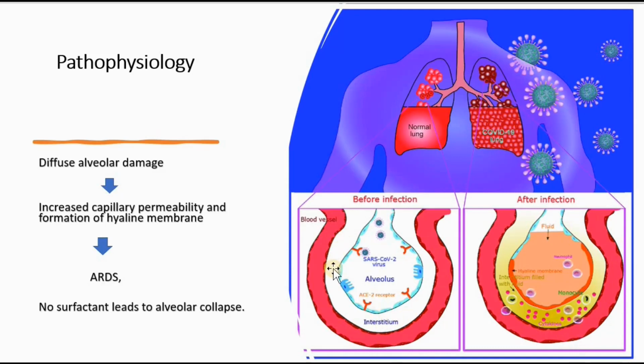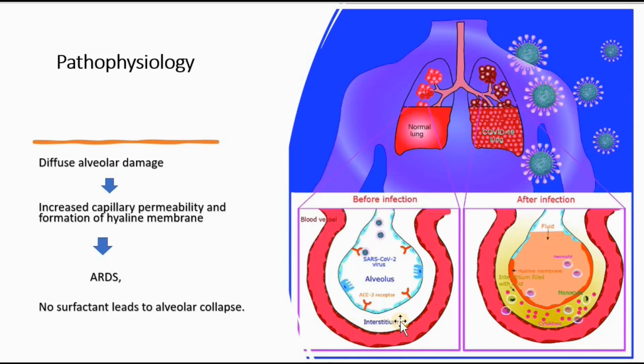The interstitium is a tiny space between the alveoli and the capillaries, and oxygen in the alveoli diffuses through the tiny interstitium into the blood vessels. Now, because of the leaky capillaries, the interstitium is filled with plasma fluid with proteins, and the fluid leaks into the alveoli. So now the alveoli is filled with fluid.